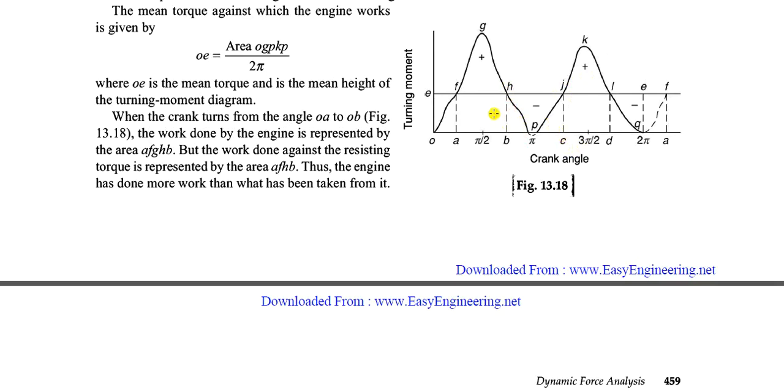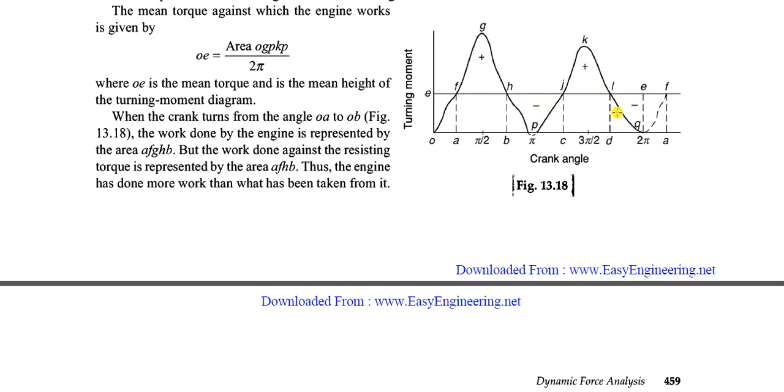If you can see, this is the production. But to maintain the constant speed we need this much torque, while production is only this, so this is a negative area. So this will be delivered by the flywheel.